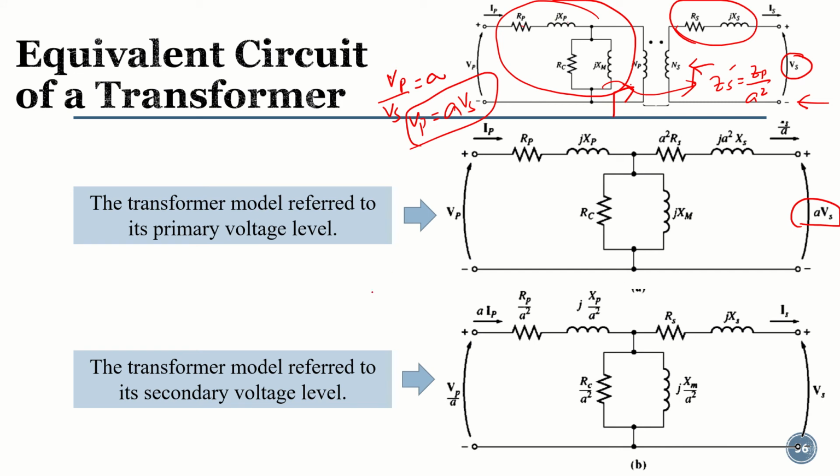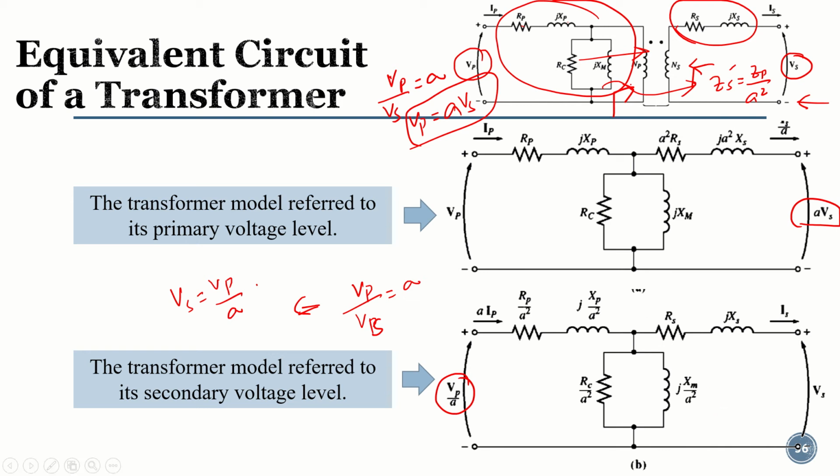And looking at the same formula, the ratio of Vp over Vs is A. So now we are converting our primary side voltage towards the secondary side, so it becomes Vp over A, which will be our primary side voltage referred to the secondary side.